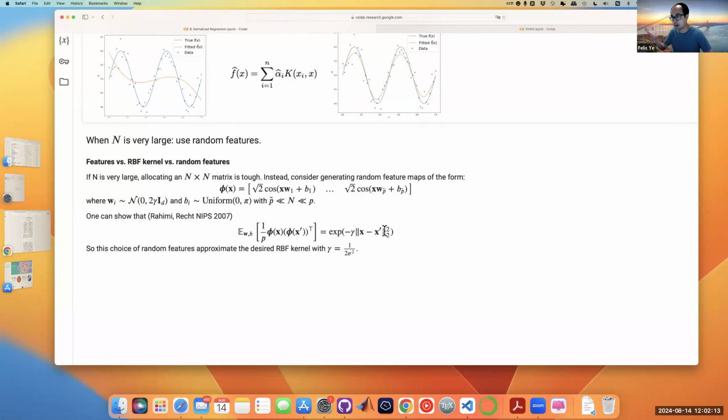But the price that we need to pay is we need to work with an n by n matrix. But in this case, my n by n matrix is way too large to work with. So what we do is we take these random feature maps and work with these random features. It turns out it will be almost equivalent to working with kernel tricks.